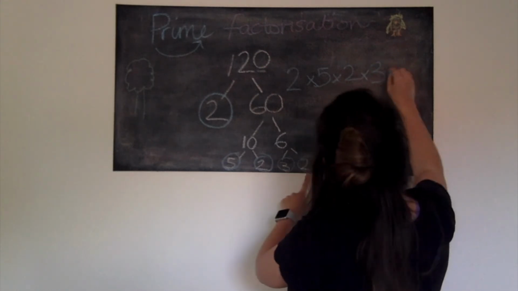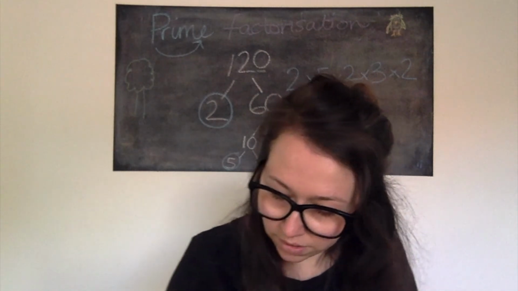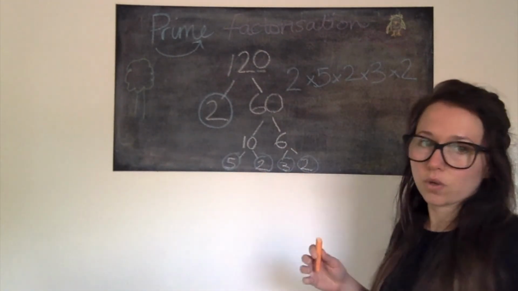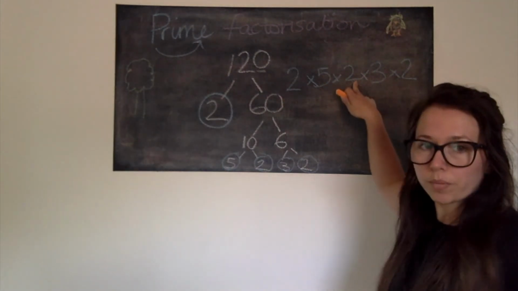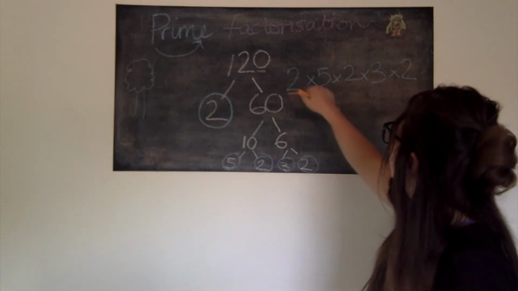Now if you're feeling super good this morning, then we can condense those so they're a little bit easier to organise. So I know that 2 times 2, a number times by itself is a squared number, but I've actually got it 3 times.